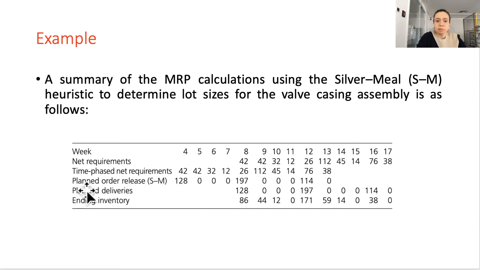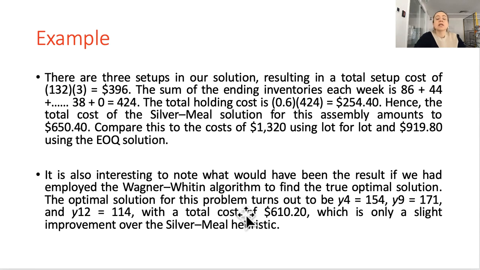Here you see the planned order release, and you see the planned deliveries since the production lead time is 4 weeks, and we calculate the ending inventories, and we calculate the total setup and inventory holding cost, and we obtain $650.4 with this methodology.